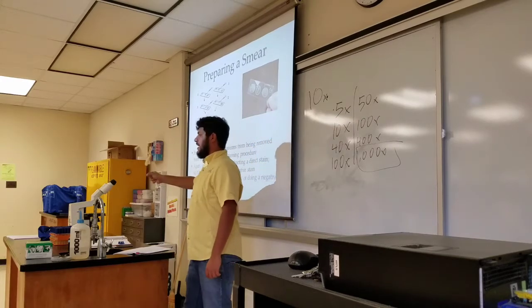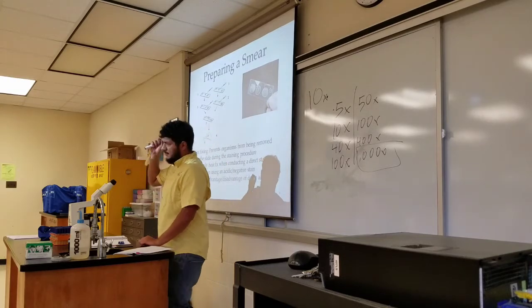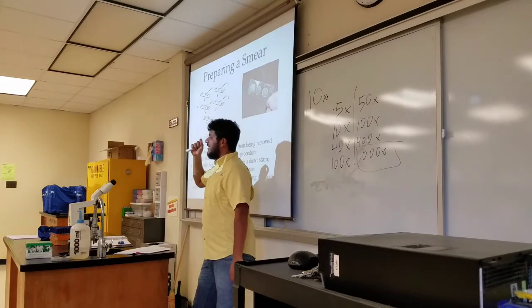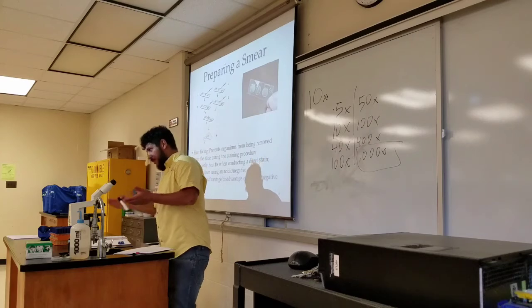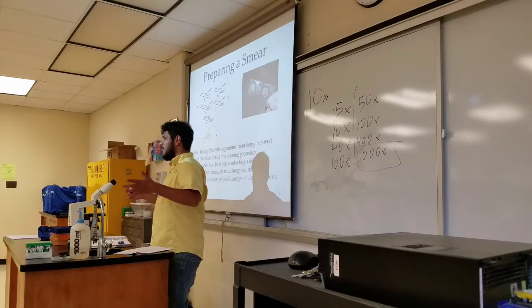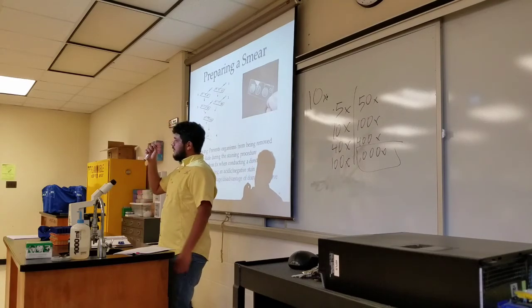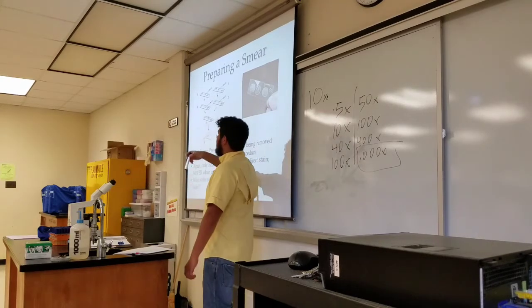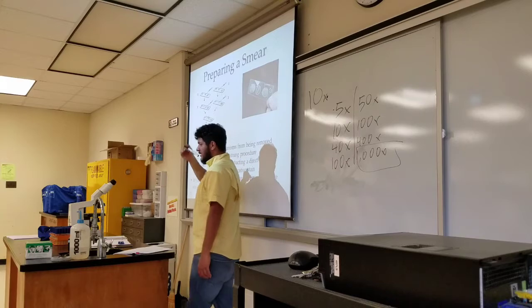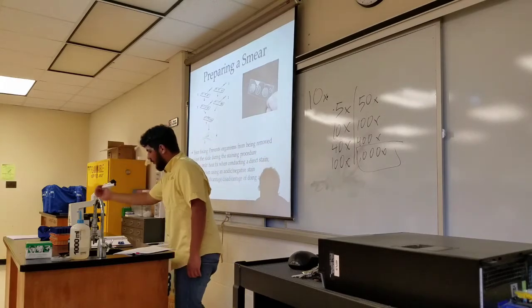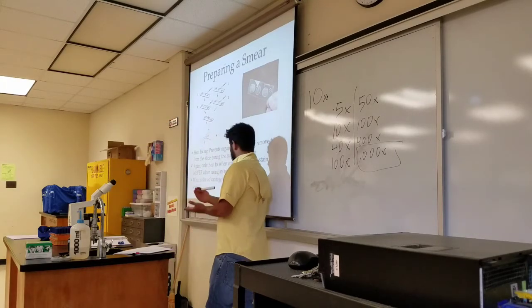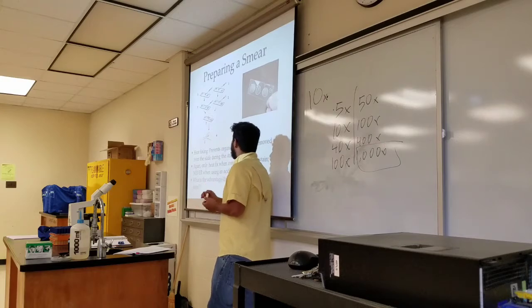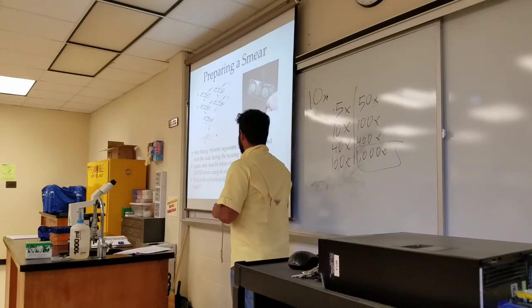Now in the negative stain, instead of using water, we will use the stain directly. We don't want to wash off that material from the microscope slide. So we put a drop of stain, aseptically transfer bacteria from our source to that drop of stain, and then spread it throughout our microscope slide.